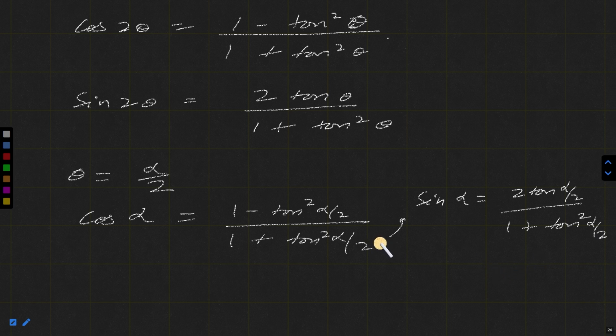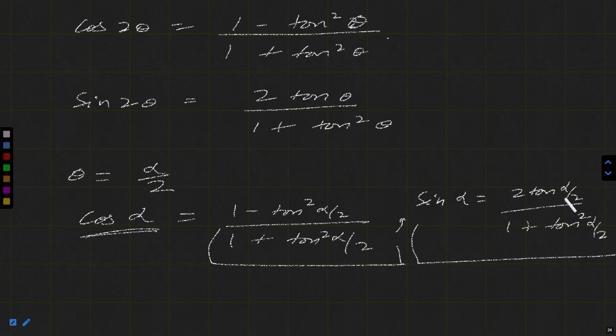Simple. So now you have cos alpha in terms of tan alpha by 2 and sine alpha also in terms of tan alpha by 2.